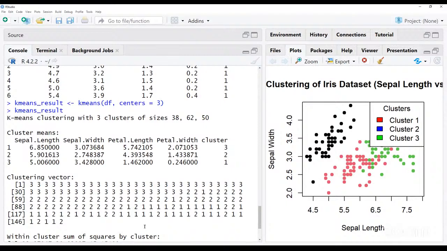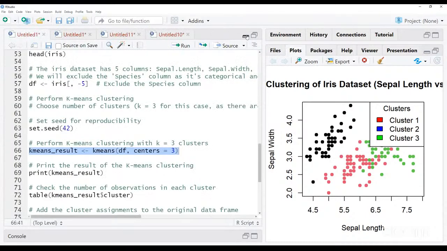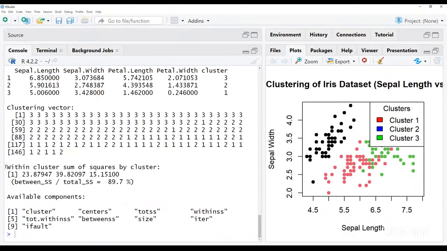So three categories are there. One, two, three categories are there. And below, within cluster sum of squares is written. After the clustering vector, you will find the between sum of squares.